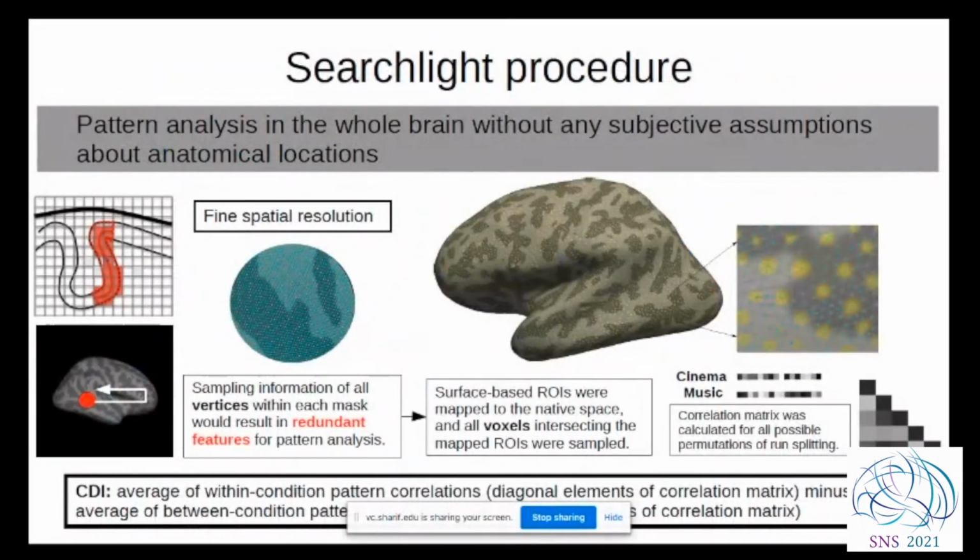Okay, so far I talked about one of the stages of familiar face processing. Now we are going to look at the cortical representation of familiar face subcategories.